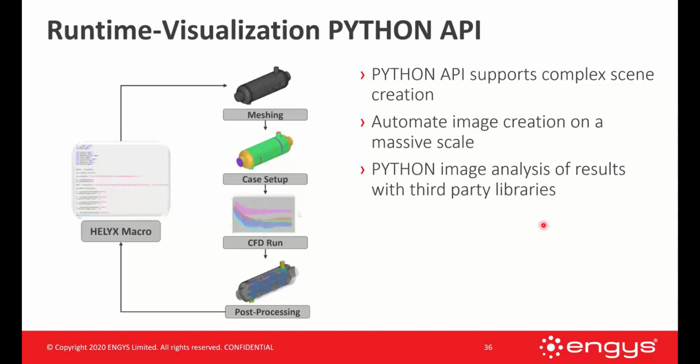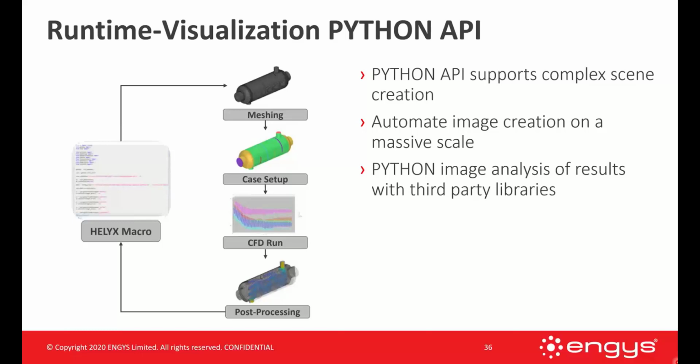One of the other strengths of runtime visualization is that there is Python API support. So we're able to create these complex scenes. We can automate image creation on a massive scale. So for example, if you create one slice of one image and you configure it exactly how you like, then you can record a journal during that process.